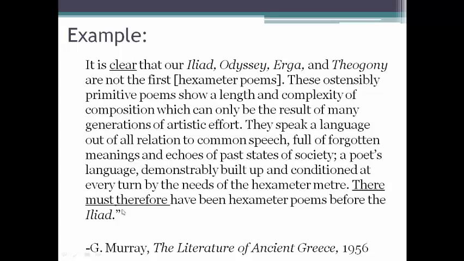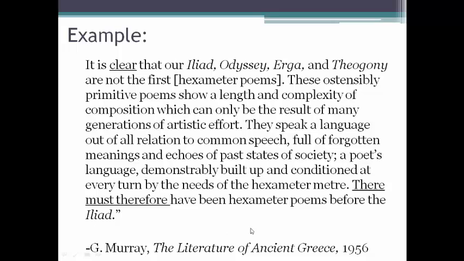It's actually going to turn out that this must is a little too strong, but it's still useful because the must indicates that he thinks he's got good evidence for his conclusion, and that therefore, in fact, picks out the conclusion that there were hexameter poems before the Iliad.